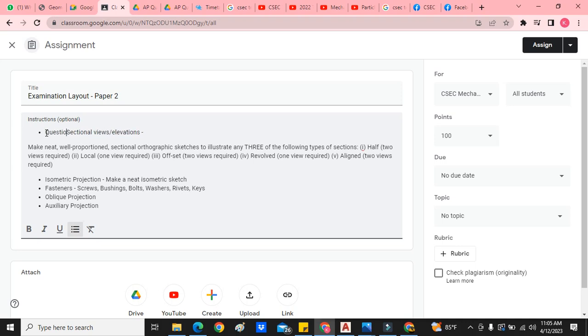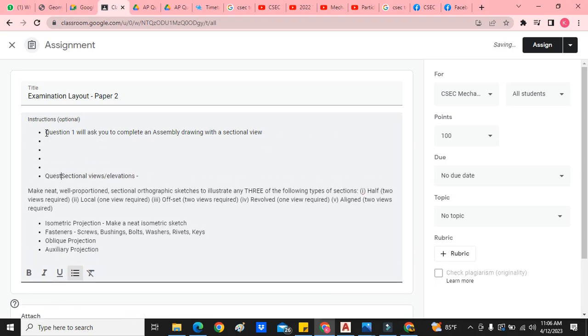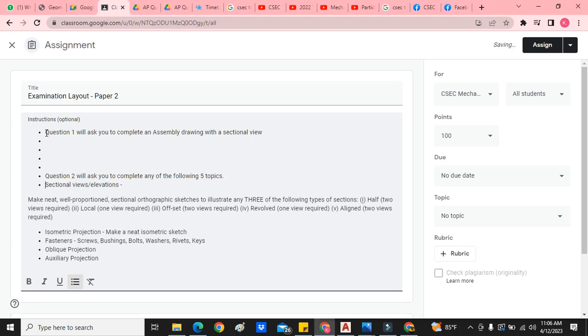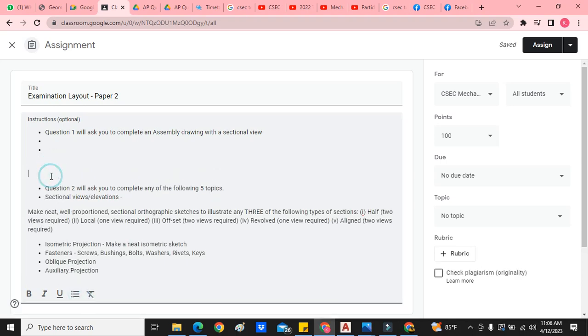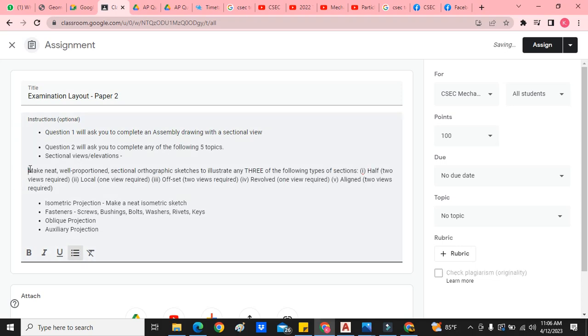What is going to come for question 1? All right, so it's important to understand this.